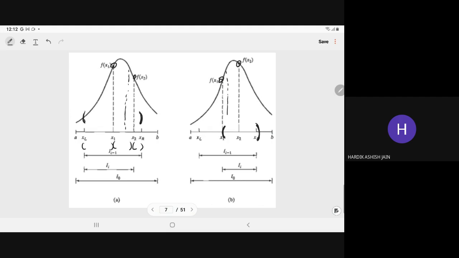Because if this is x2, then again there is a chance to miss the optimum point. So to guarantee that the optimum point lies in this interval, we have to take the next interval as x1 to xr.